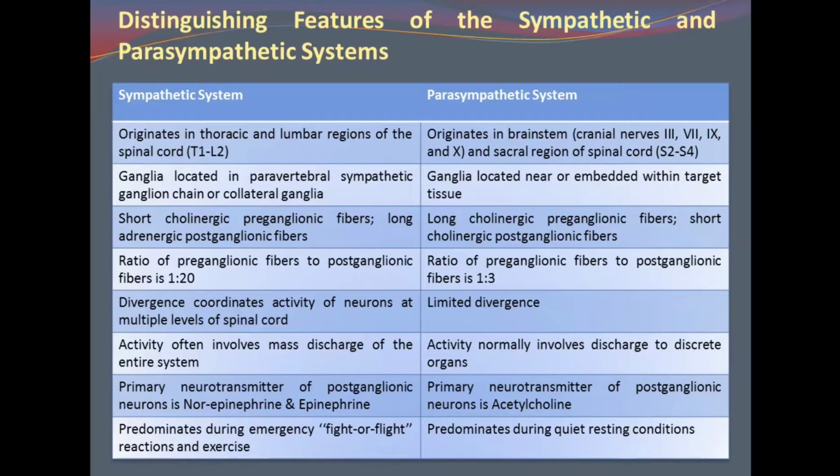In sympathetic nervous system, the activity often involves mass discharge of entire system, while in parasympathetic nervous system, activity normally involves discharge to discrete organs like spleen, bladder, uterus, etc. The primary neurotransmitter of postganglionic neurons in sympathetic nervous system is norepinephrine and epinephrine, while in parasympathetic system, the primary neurotransmitter is acetylcholine.